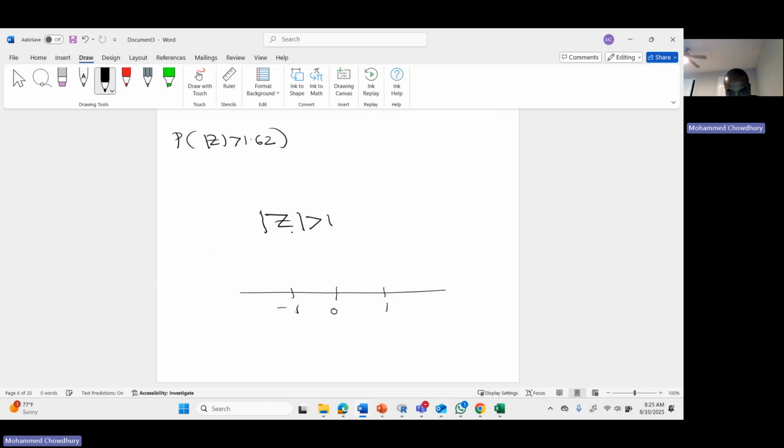When you take out the absolute sign, you have to write z greater than 1 plus z less than -1. If you take out the absolute sign, you do not know whether it is positive or negative, so you have to compute this part and that part.